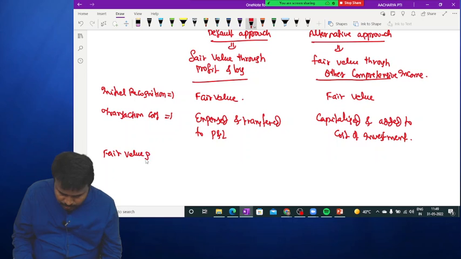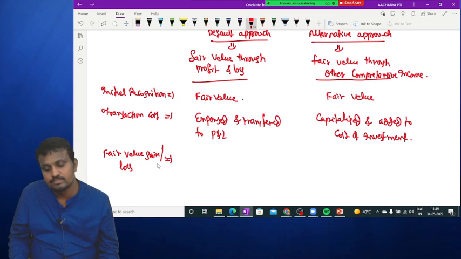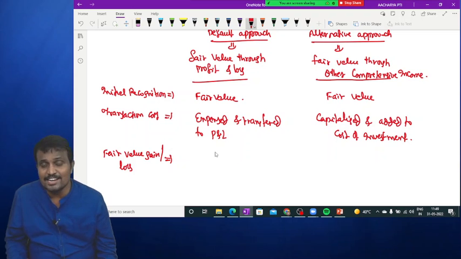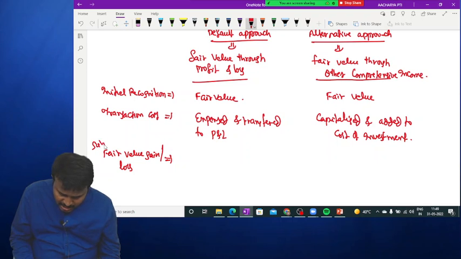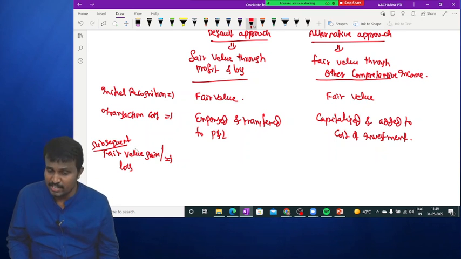And another one is fair value gain or loss. Fair value gain or loss relates to what? Subsequent recognition.